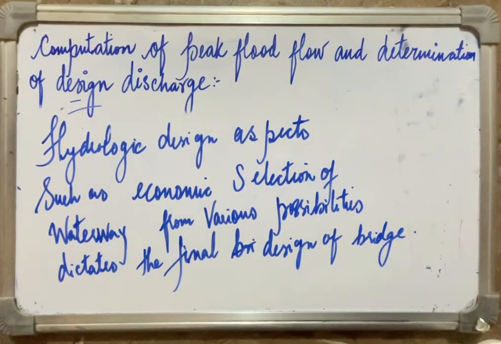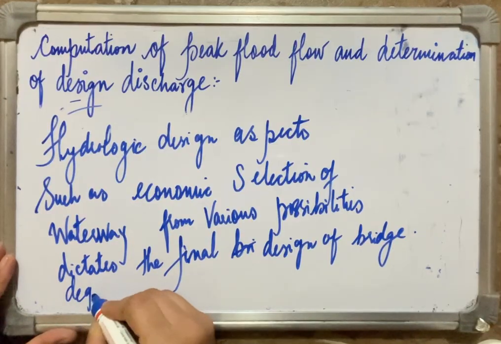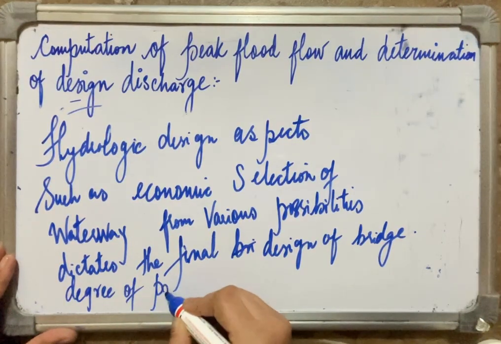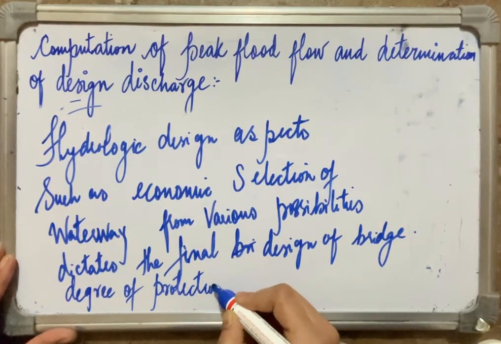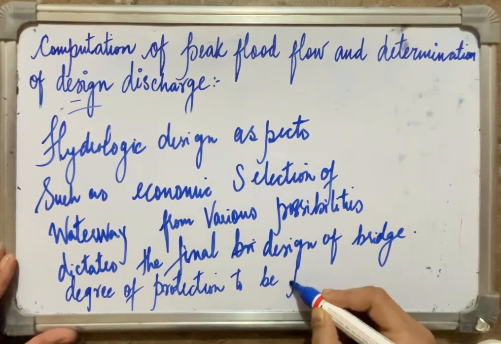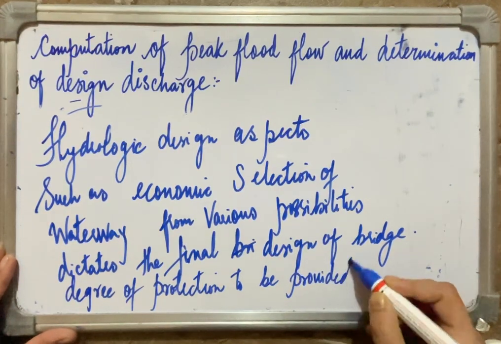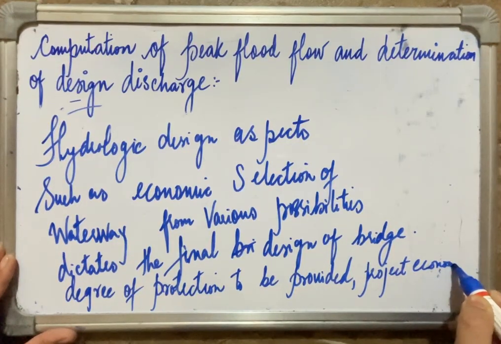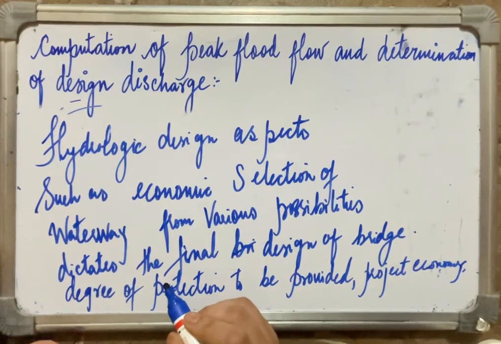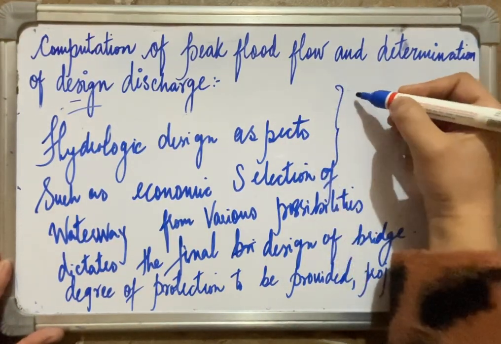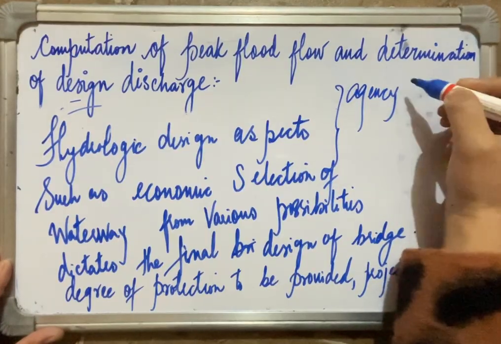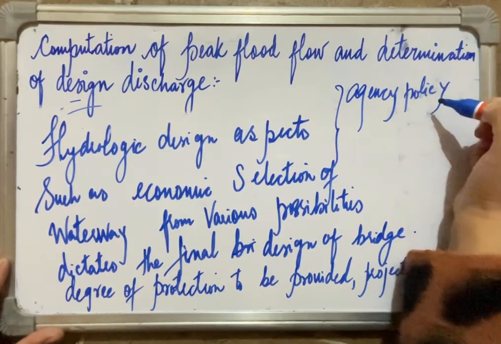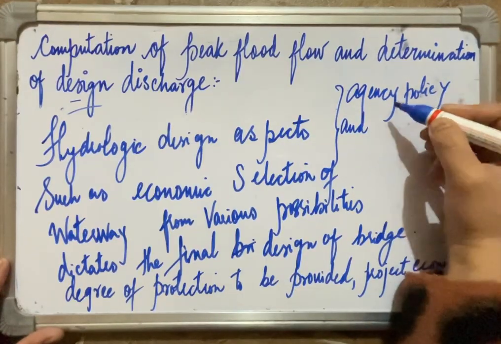And it is a function of various things. We have to take various things into consideration. The first one being degree of protection to be provided, project economy, which is very important, agency policy, and construction standards.